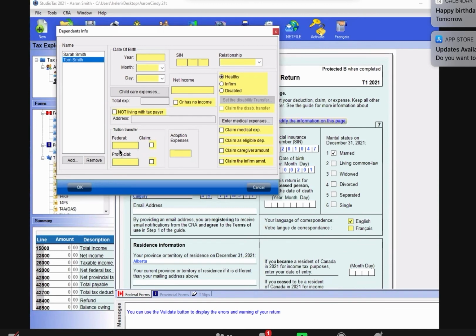Then for example, birth year 1945, and then you just put February 1st, okay? Then the relationship is father. Then if Tom has medical expenses, the first thing you need to put is the SIN number here, the SIN number for Tom.